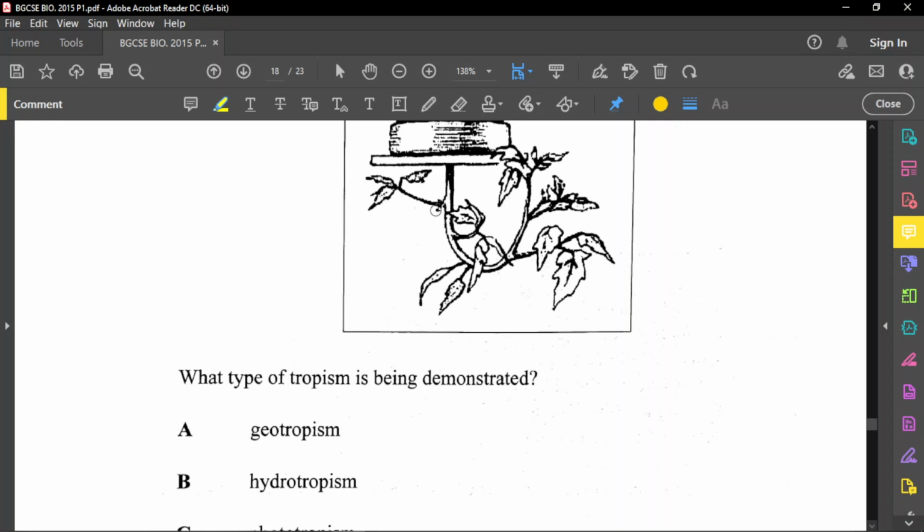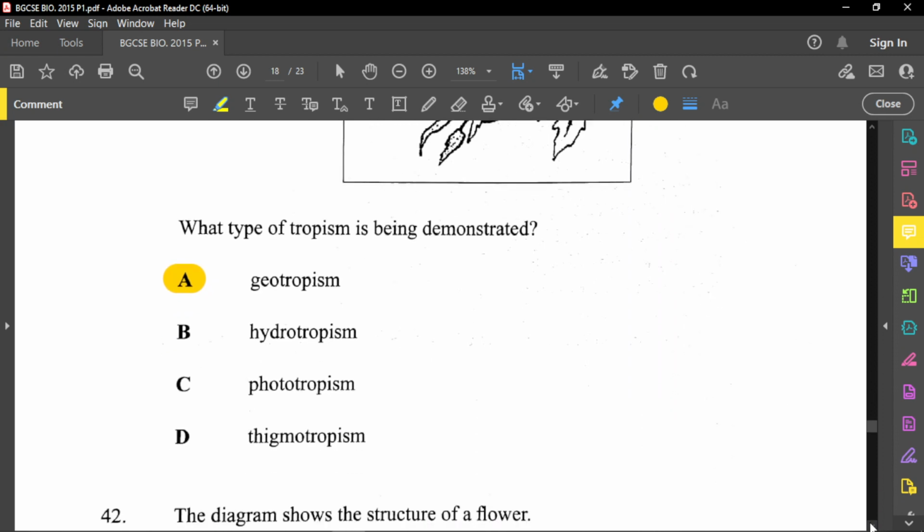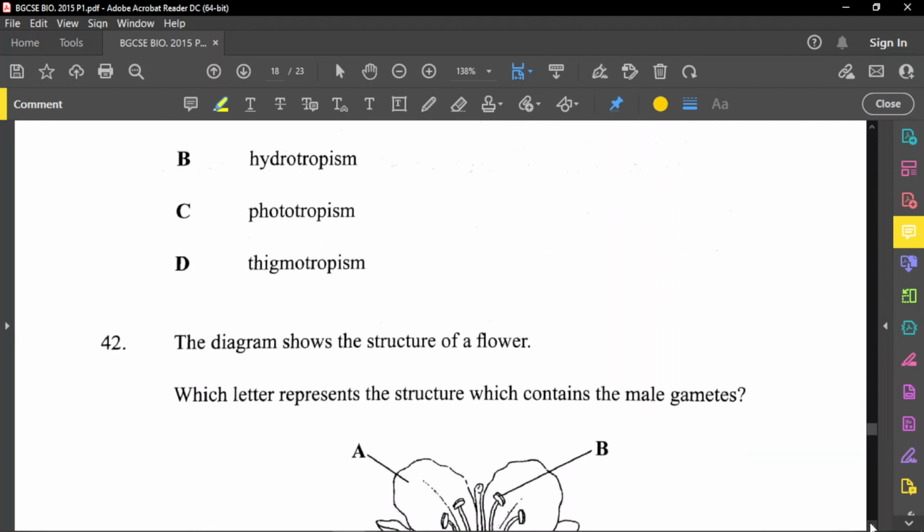If you notice, the shoot is going the opposite direction of gravity, so it is a geotropism. As a matter of fact, shoots are negative geotropic; they go the opposite direction of gravity. Hydrotropism is the response to water, phototropism is to light, and thigmotropism is for touch.